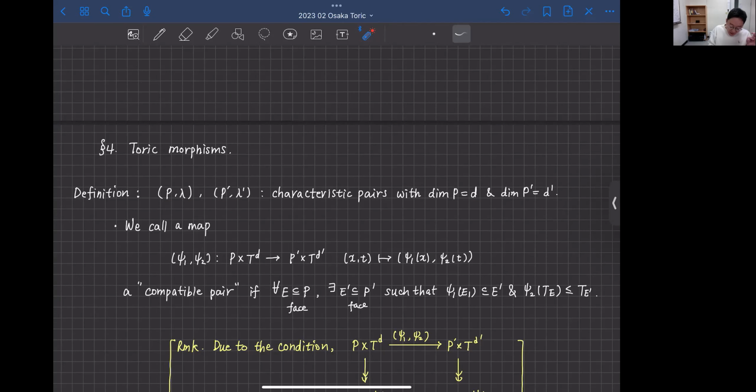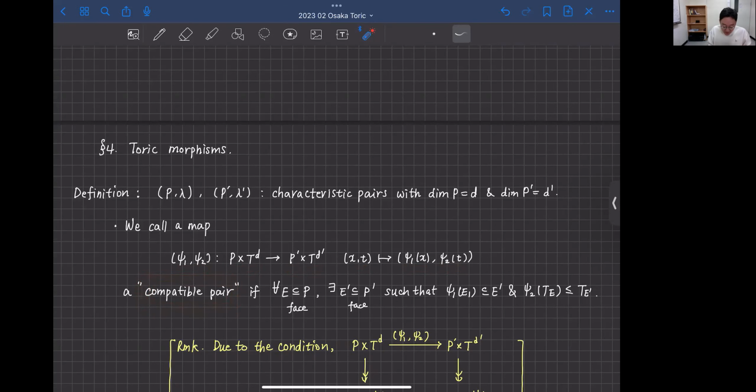And then think about a map (phi1, phi2) from P times T^d to P' times T^d', just a product map, where x goes to phi1(x) and t goes to phi2(t). We call this kind of map a compatible pair if it satisfies certain conditions.